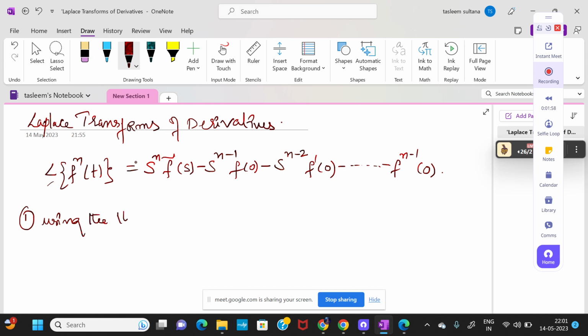Now we'll see one problem using the theorem on transforms of derivatives.